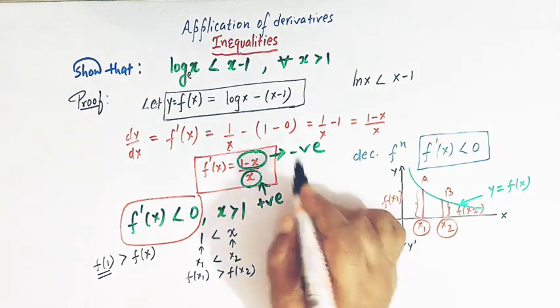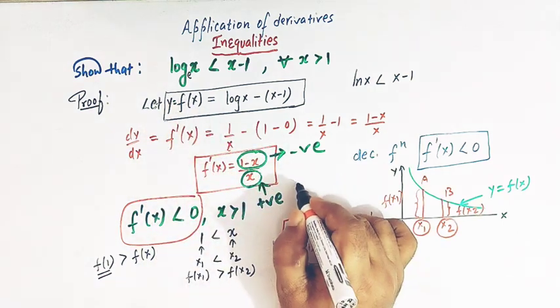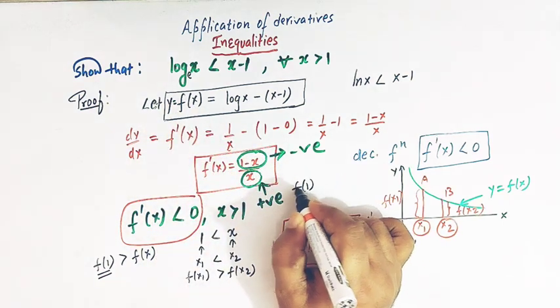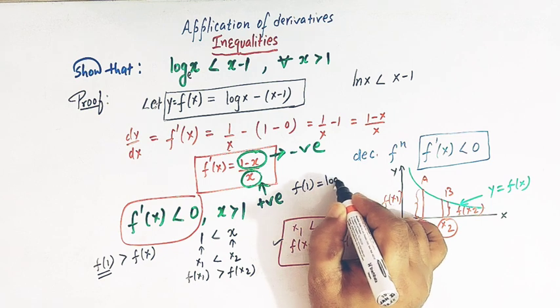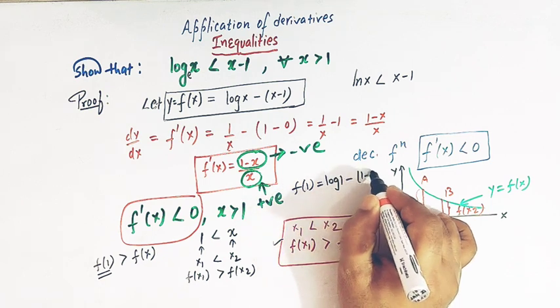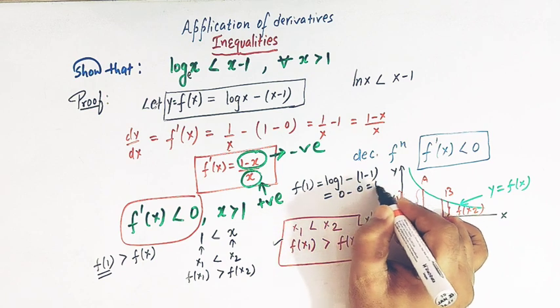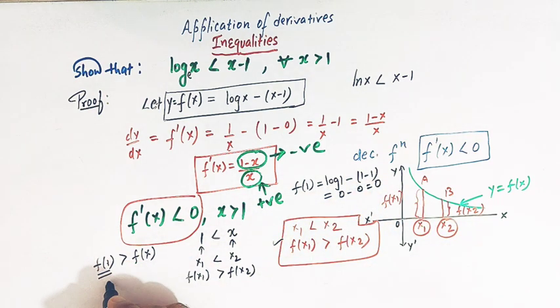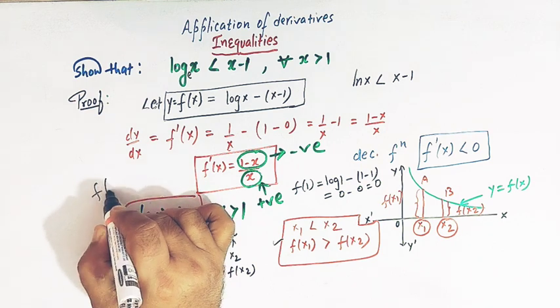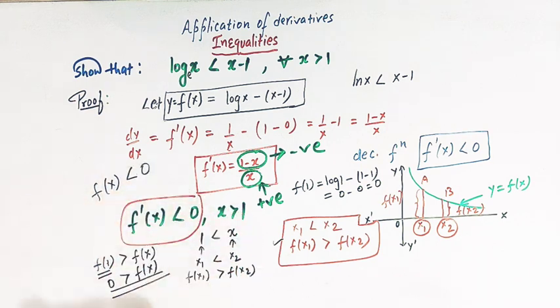Now we can find f of 1 from the definition of the function. If we take x equal to 1 here, then we find f of 1 as log of 1 minus 1 minus 1. So log of 1 is 0, and here we have 0. So f of 1 is 0, right? And here we have f of x. So we have arrived at the result that f of x is less than 0, right?